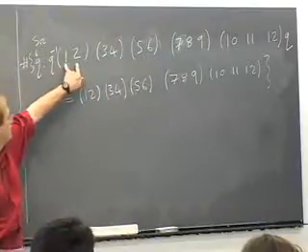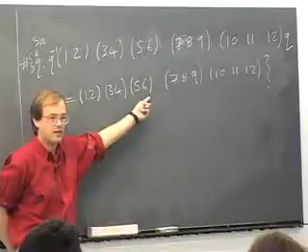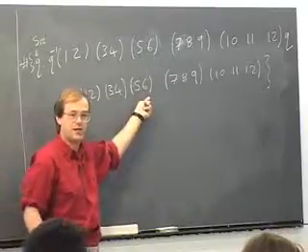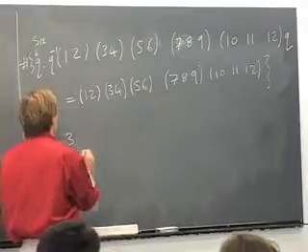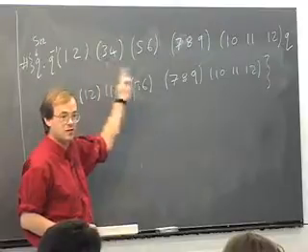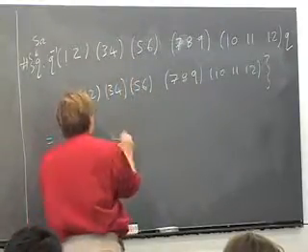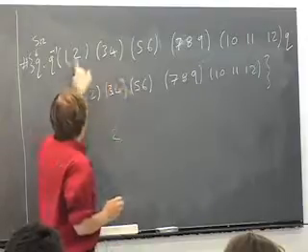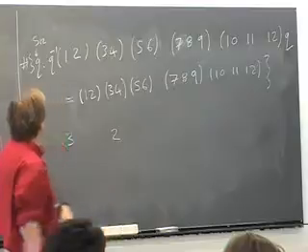So I've got to match this 2 cycle with one of these 3 2 cycles. So how many choices do I have there? So I have 3 choices. When I do that, how many ways are the matching of these 2 2 cycles together? 2. I can either send 1 to 5 and 2 to 6, or I can send 1 to 6 and 2 to 5.